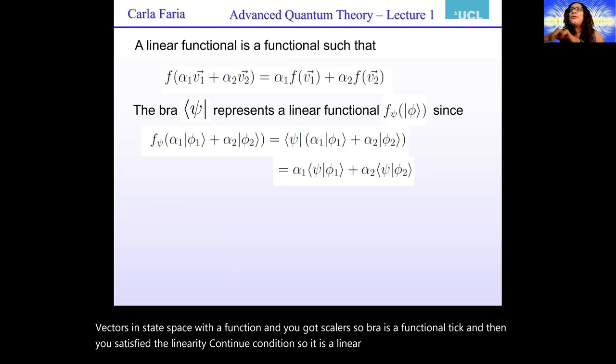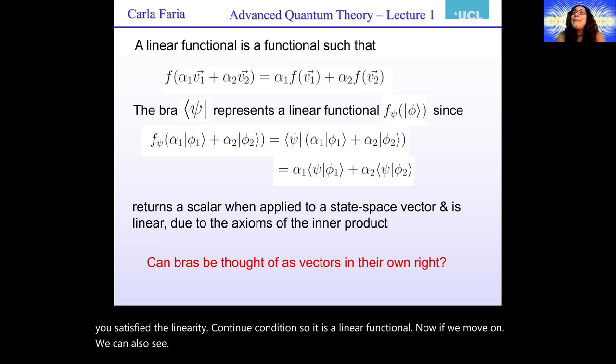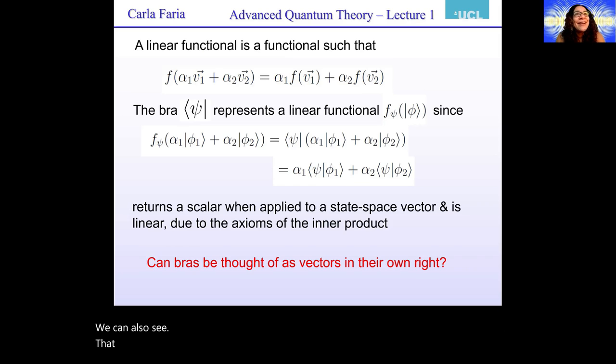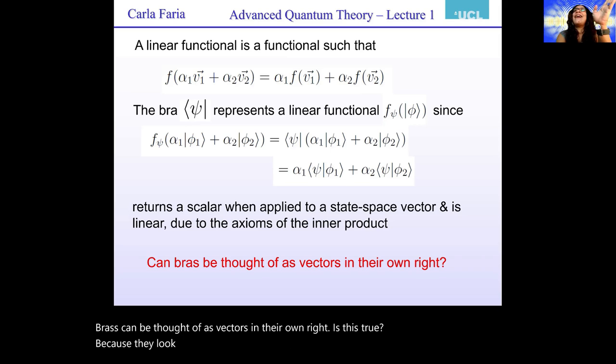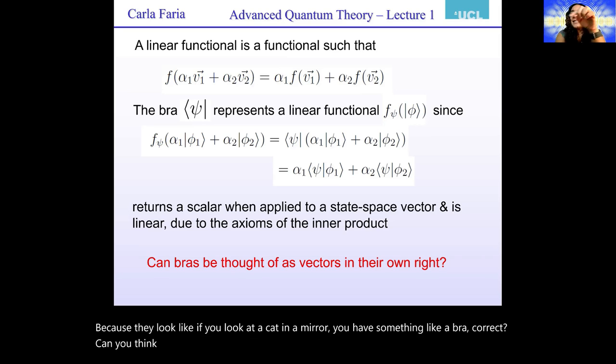Now, if we move on, we can also see that maybe bras can be thought of as vectors in their own right. Is this true? Because if you look at a cat in a mirror, you have something like a bra, correct? Can you think about them as vectors?